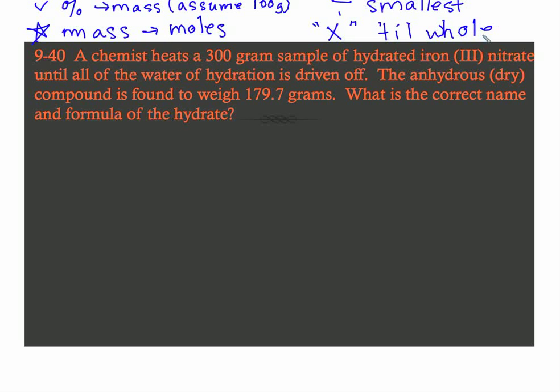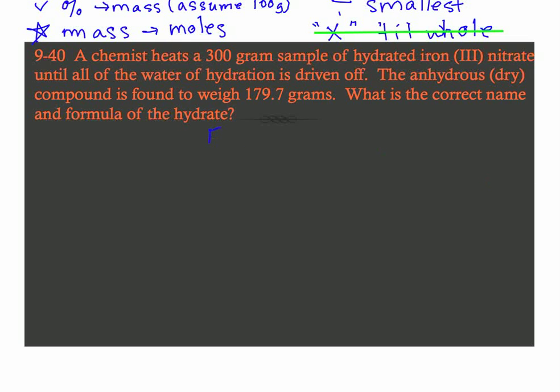On a hydrate, there are a few you might see like that in the world, but we will never see those. We are never going to be multiplying to whole for a hydrate, and I'll show you why. We have a hydrated iron 3 nitrate.